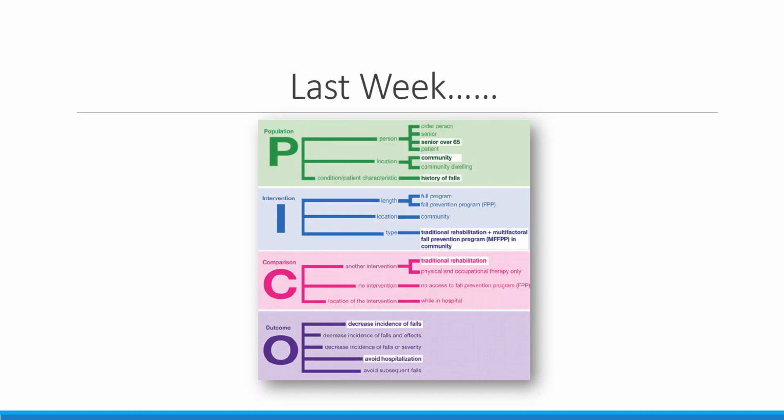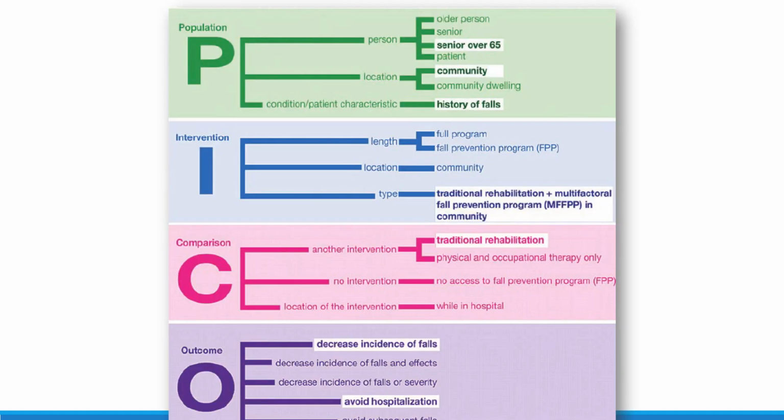So last week we talked about the PICO, and of course, with the PICO, we want to try to make it as precise as possible or as descriptive as possible because that's going to help with your search. And some of you will have noticed that in your week 2 forums, I posed some questions because maybe your topic was general.